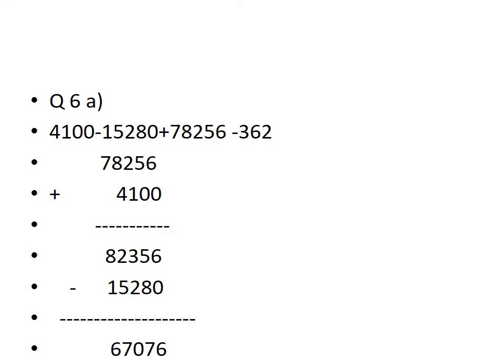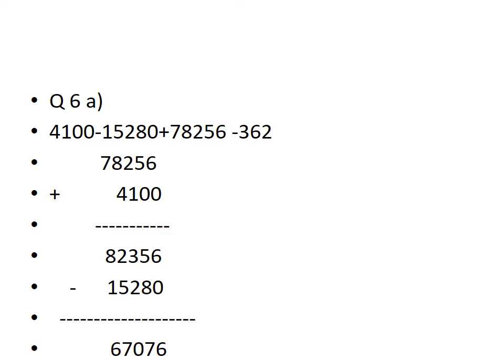Let's solve question number 6, A part. 4100 minus 15280 plus 78256 minus 362. First add the numbers which have the plus sign. 78256 plus 4100.